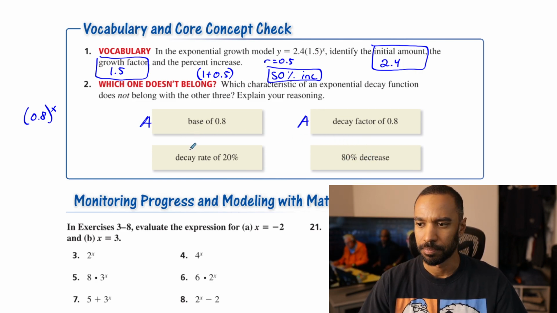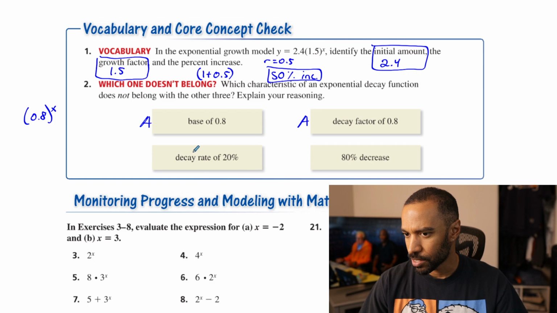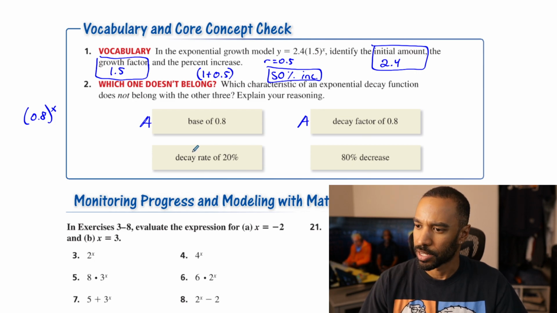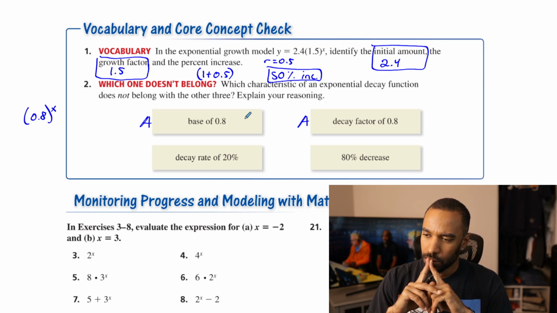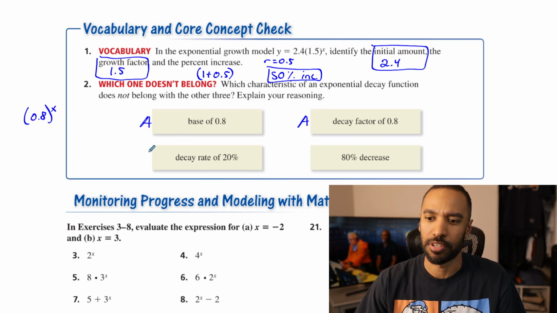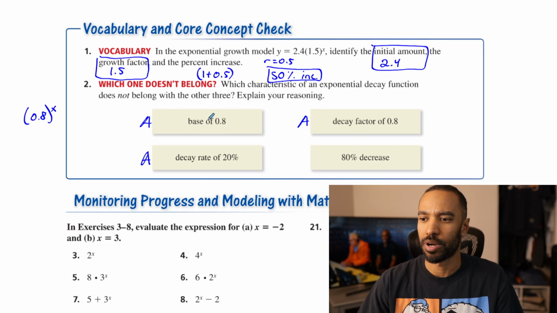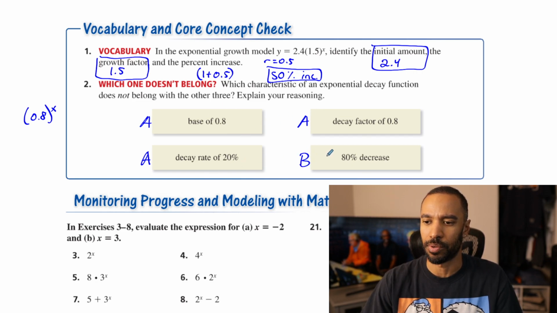I'll talk about in a second. Decay rate of, oh, hold on a second. Let me think about that now. Because it says does not belong with the other three. I want to be careful with how I say this. Okay, yeah, decay rate is 20%. Okay, that's fine. Decay rate of 20% also belongs, and 80% decrease does not.